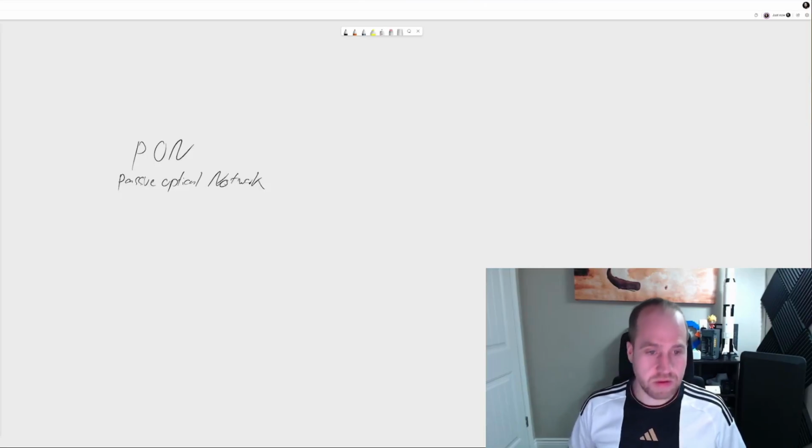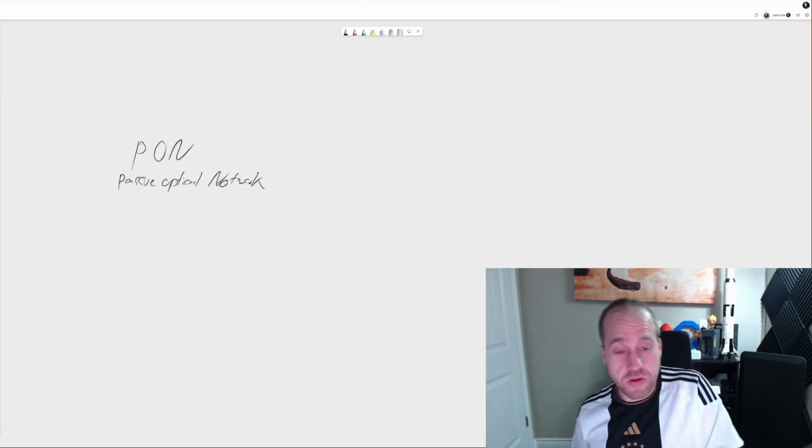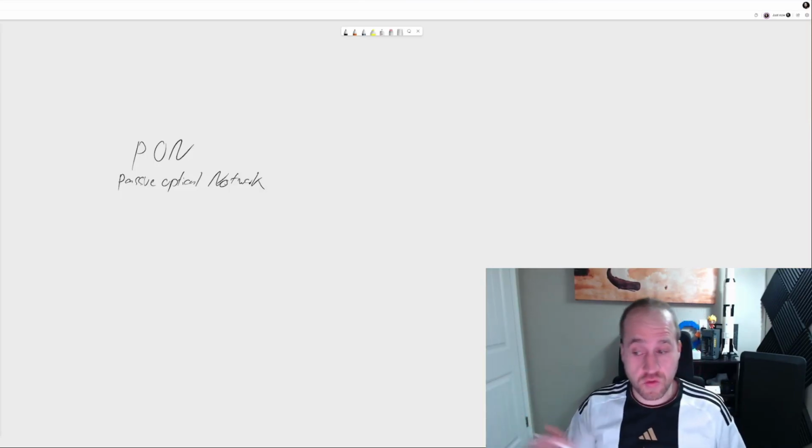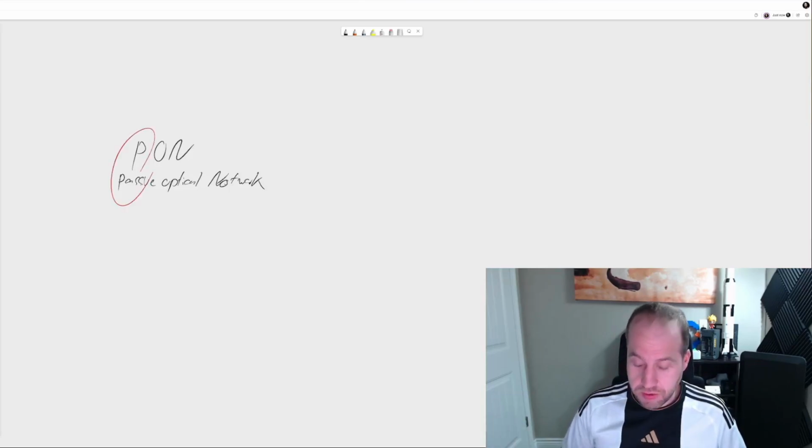Look at that. It's almost legible. Passive optical network. So it is a network to get the internet from one location to the other. It's optical, so it's over fiber optics, and it's passive. And the most important part here is the passive. That's what is the magic of PON.